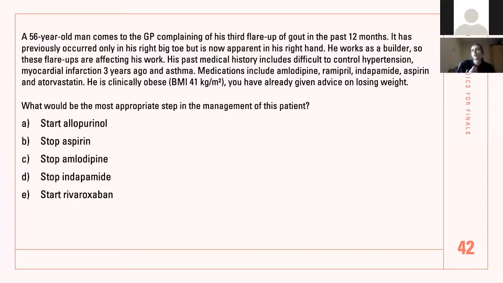Medications include amlodipine, ramipril, indapamide, aspirin, and atorvastatin. He's also clinically obese, and you've already given him lifestyle advice. So what is the next step for this patient? Would you start him on allopurinol, stop his aspirin, stop his amlodipine, stop indapamide, or start rivaroxaban?